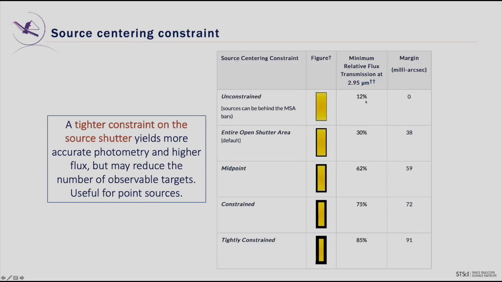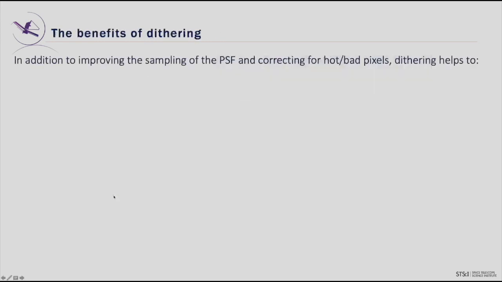You can see that it ranges from 12% with almost no margin to 85% as the minimum relative flux transmission. So this is relative to the source centered in the shutter. As you can see, a tighter constraint results in a higher flux for the source, but it may also result in fewer targets that are observed.